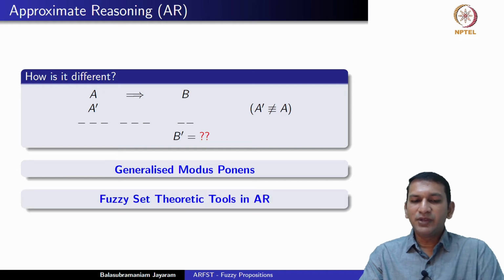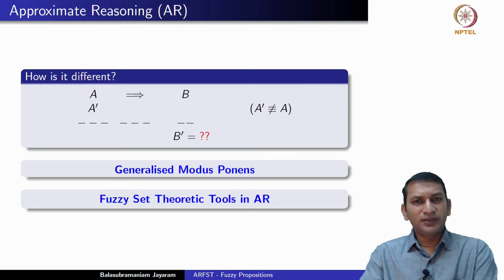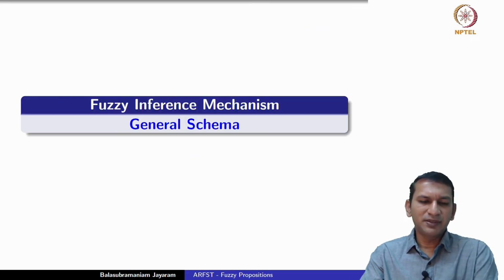And once again, we will look at performing approximate reasoning in the framework of fuzzy set theory. That means the A's, A dashes, B's, B dashes, all of them that we are going to discuss are all fuzzy sets.